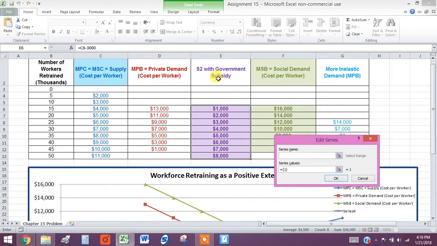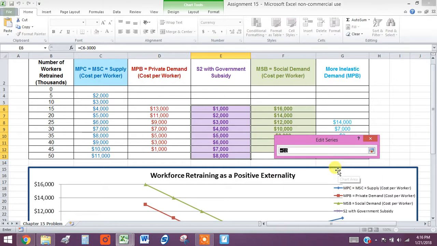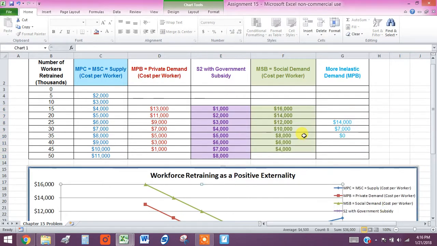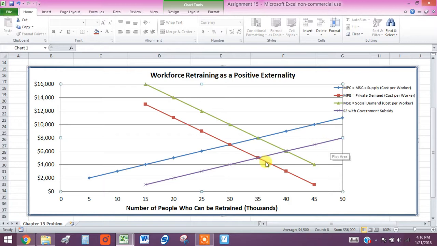Then we select our series name, and then we select our grid below series values. And once again, make sure you take every cell in the column, every row. So we drag all that, and we go down arrow, and that puts it right there. Okay, so that's in there. All right, now what's next?